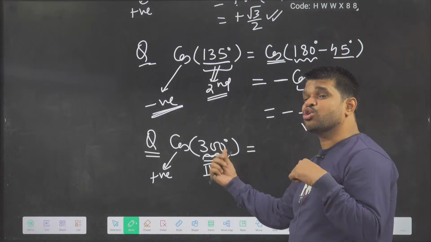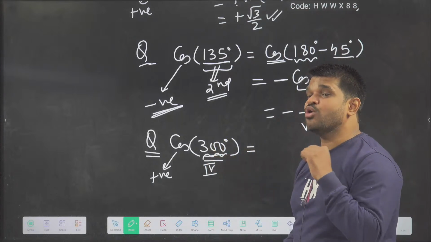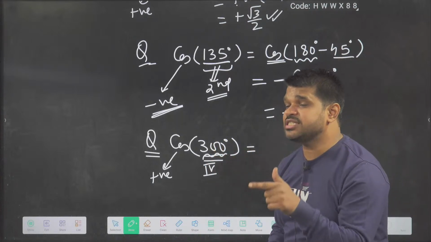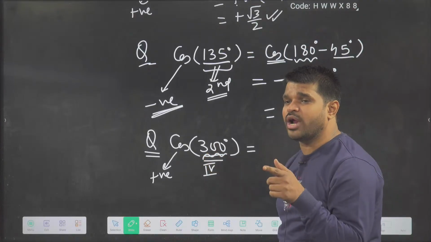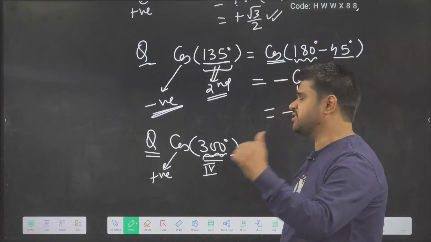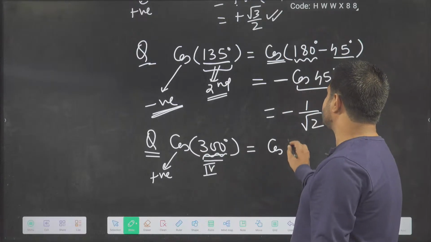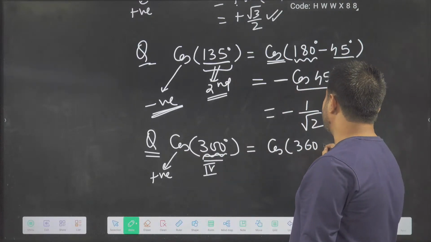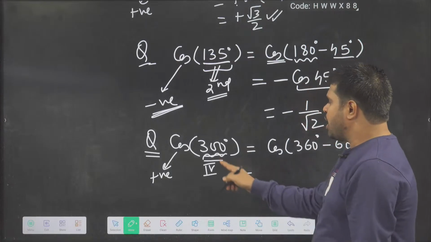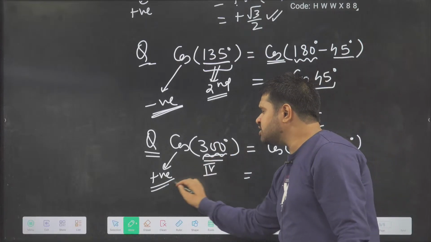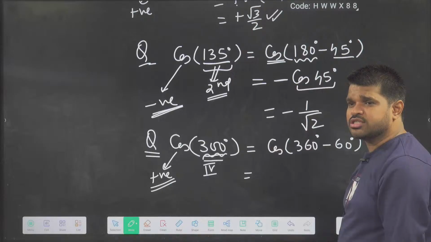Now 300 is close to 360. So how to write it? 360 minus 60. So cos 360 minus what? 60 degree. Now in fourth quadrant cos is positive.